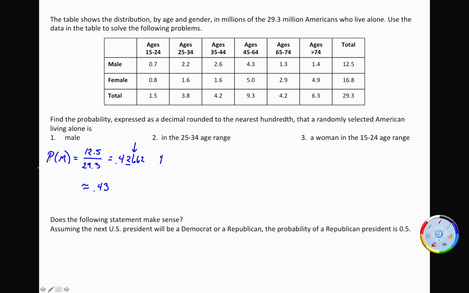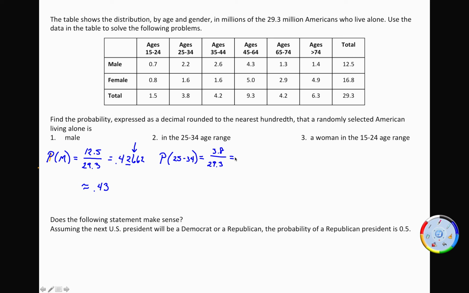What about this? What's the probability that the American living alone is in the 25 to 34 age range? Well, here's my 25 to 34 age range. Here's the total of people 25 to 34 that live alone, and that's all it's asking about. So 3.8 out of the total 29.3 million.